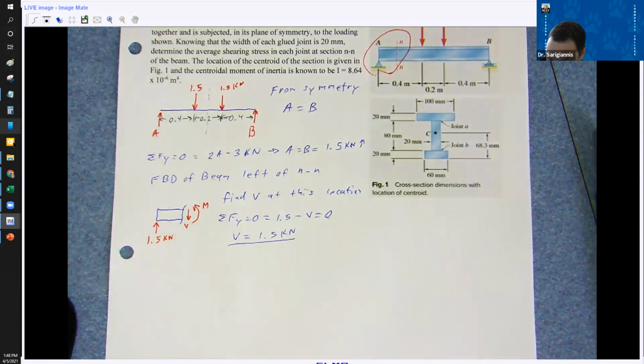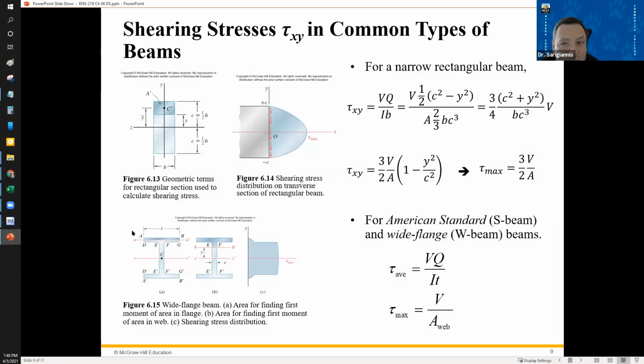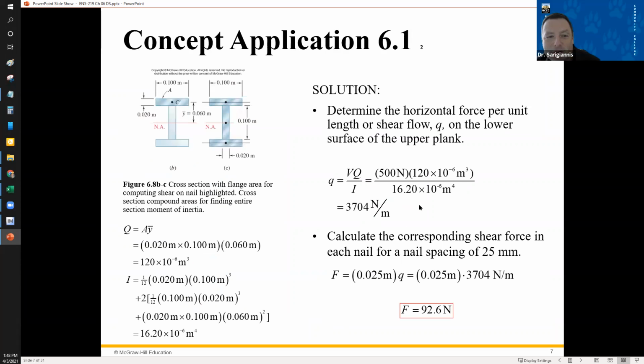Now we're going to use this equation here, the average shear stress, VQ over IT. And we need to know Q, which is area times Y bar.